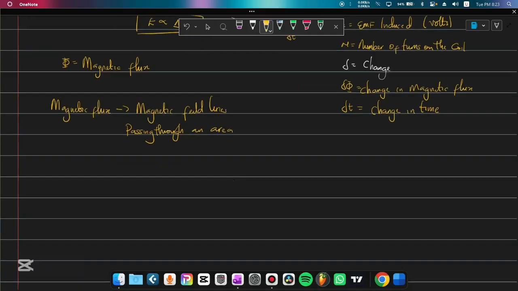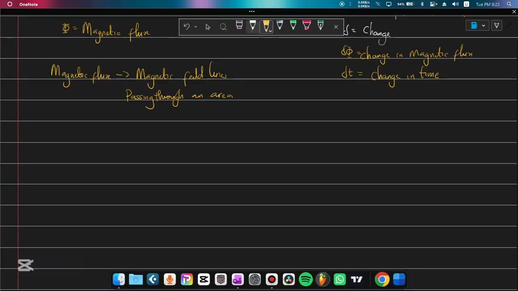And let's try and visualize what magnetic flux means now. Imagine I have a single loop of wire. Now let's say I have a magnet here.